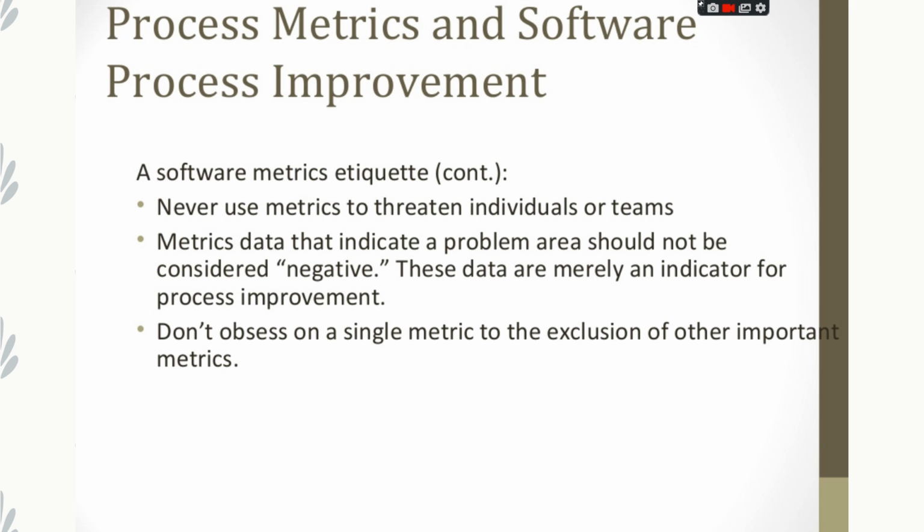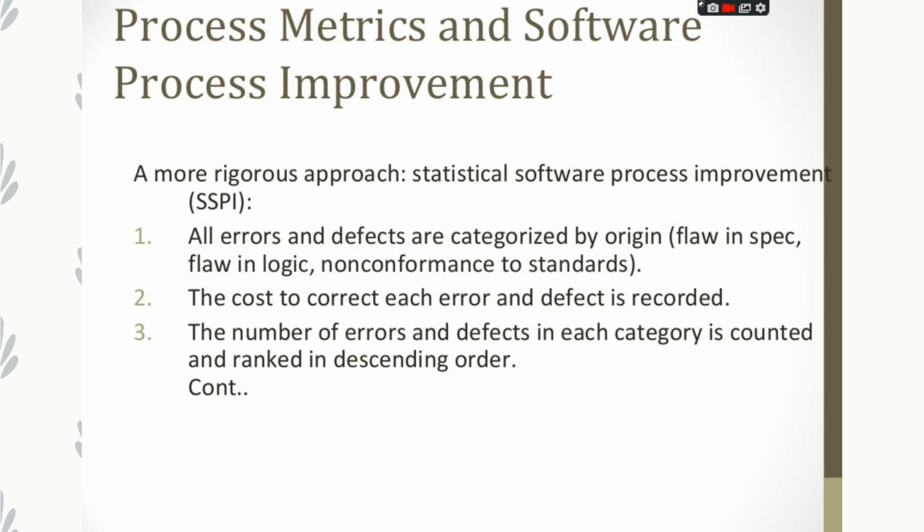Never use metrics to threaten individuals or teams. Metrics data that indicate a problem area should not be considered negative. They are merely an indicator of improvement towards the process. Don't obsess on a single metric to the exclusion of other important metrics.